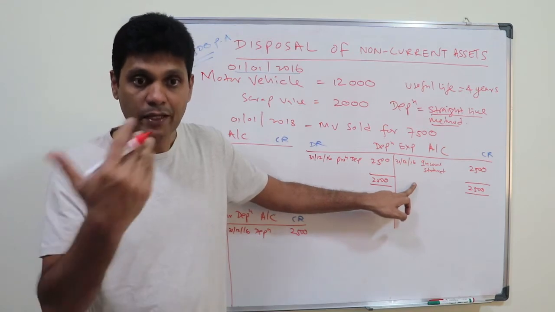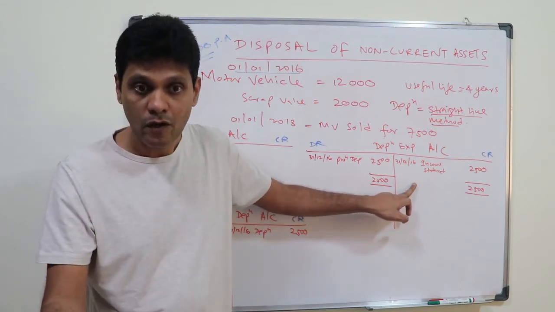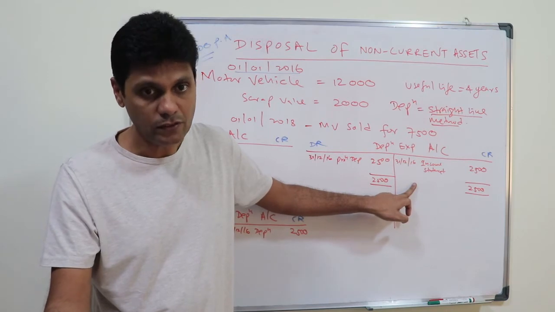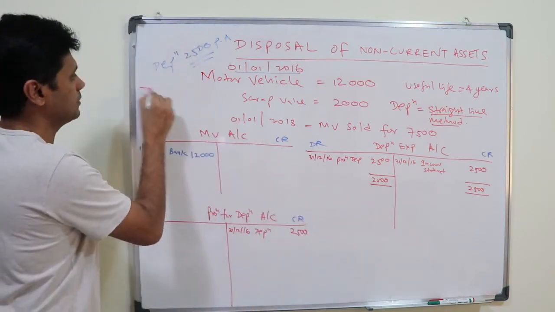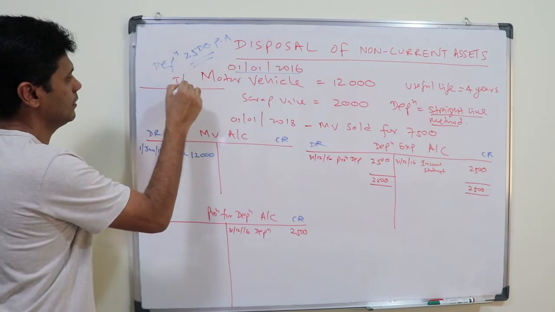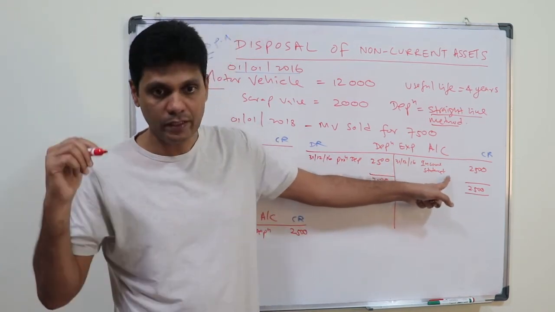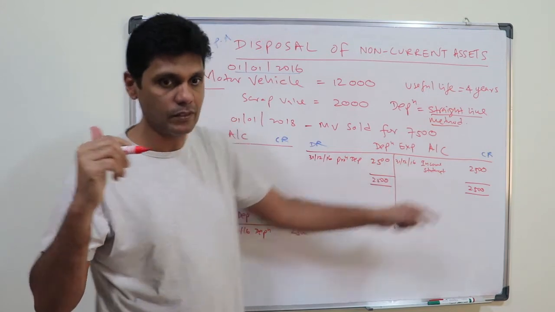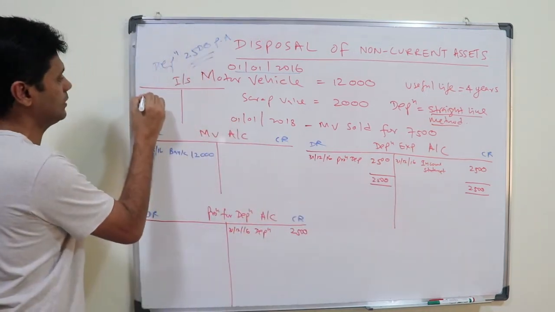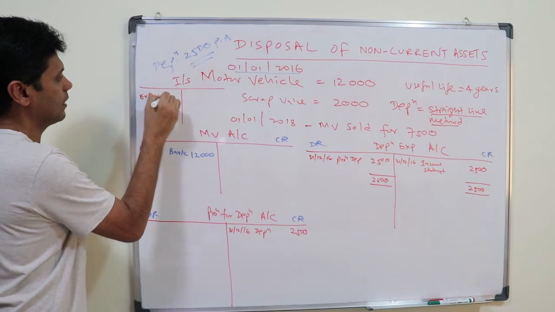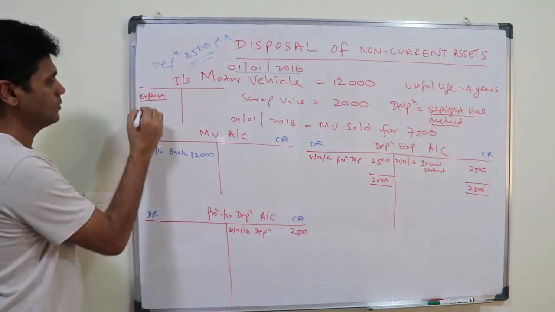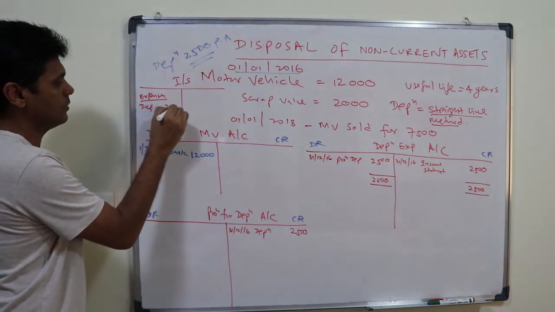Then sales minus expenses will be your what? Profit or loss. So something like this. This is the income statement. So what you will do, you credited depreciation expenses, you are transferring basically to the income statement. So under expenses, this side is your expenses in the income statement. There you will debit 2,500.